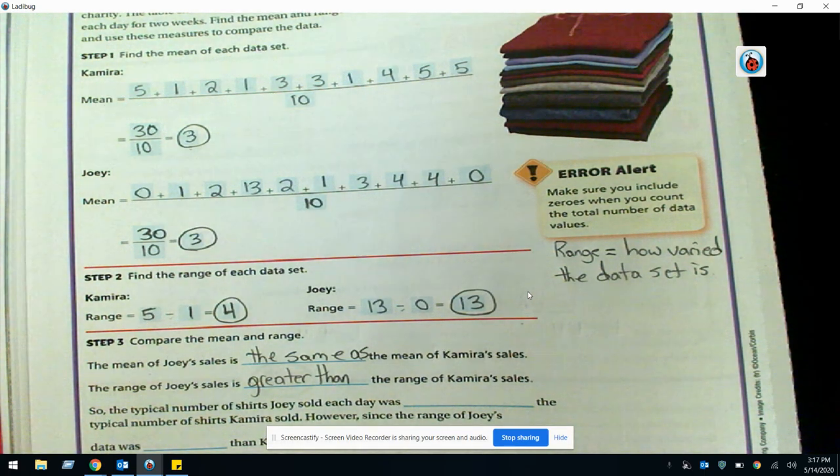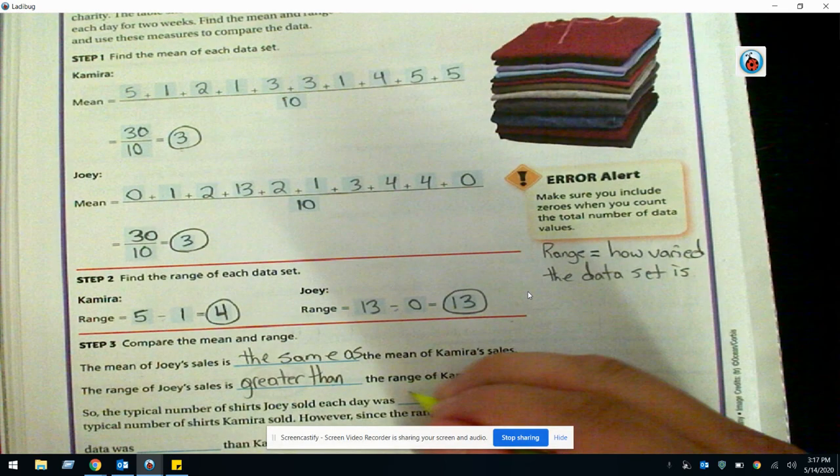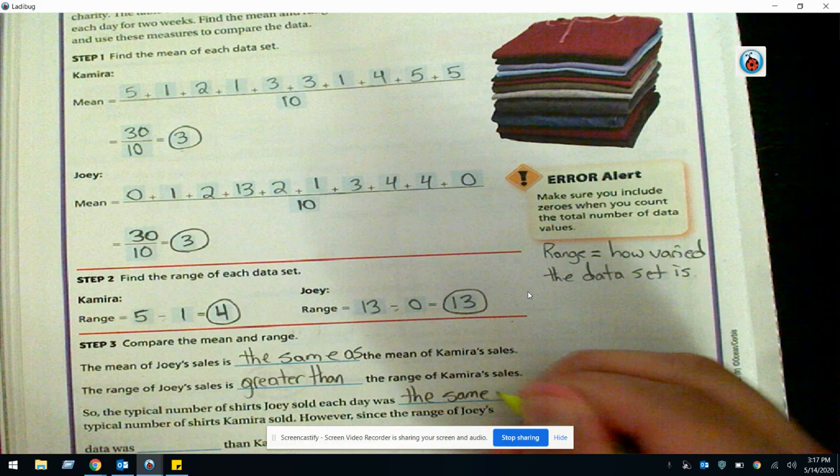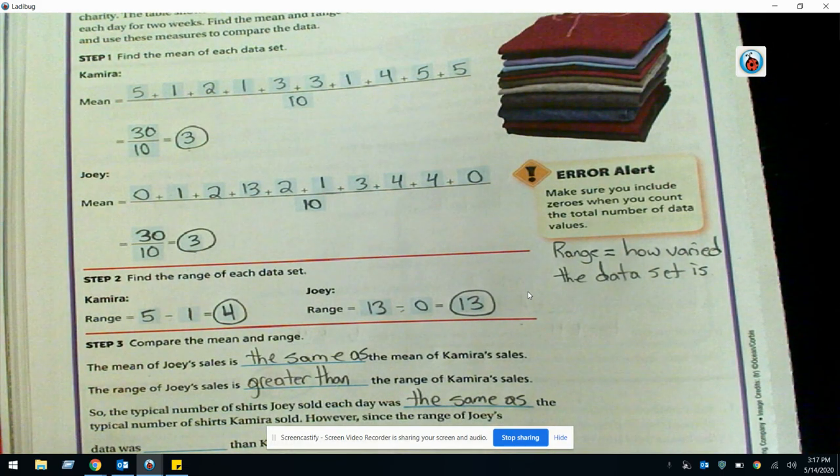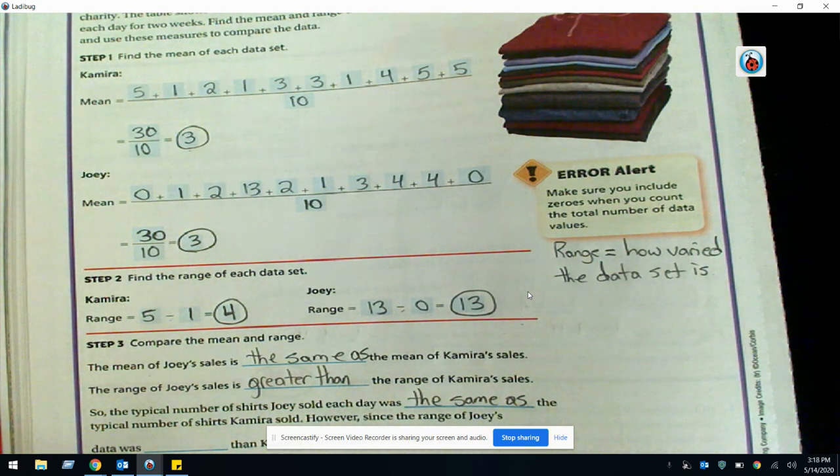So the typical number of shirts Joey sold each day was the same as the typical number of shirts Kamira sold, because the mean is telling us the typical amount of shirts they each sold. They both got 3, so it's the same.